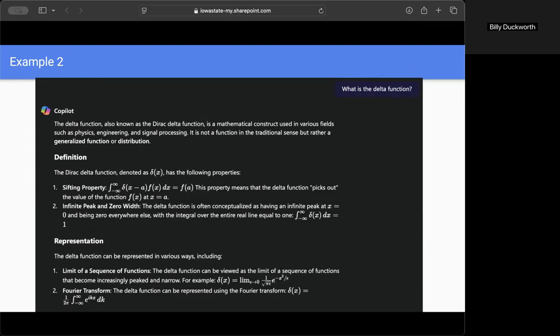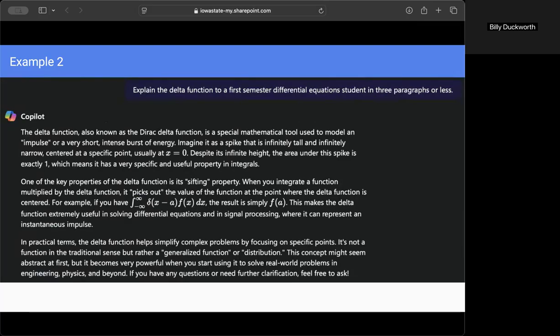So what we're going to do is just give it a more specific prompt so that it can tell us stuff more at the level that's appropriate for this class. So we'll just say, explain it to us first semester differential equation students, and make it snappy, just 3 paragraphs or less.